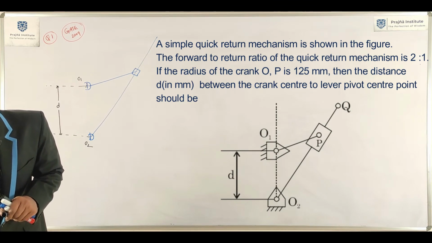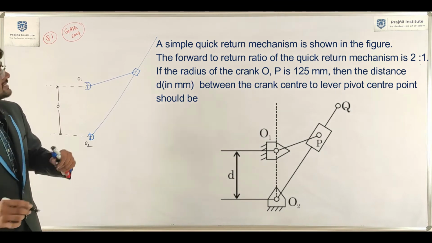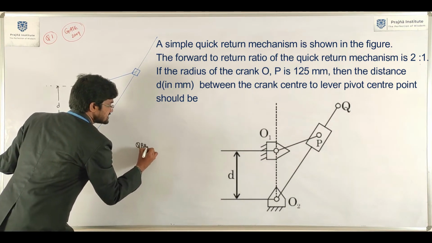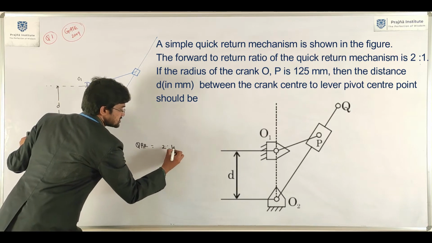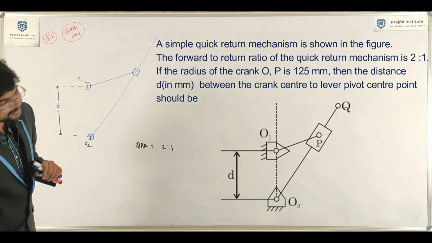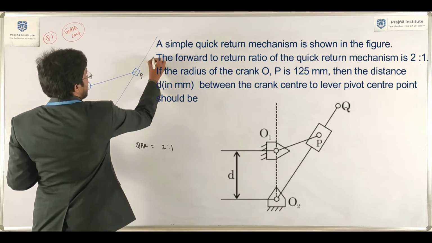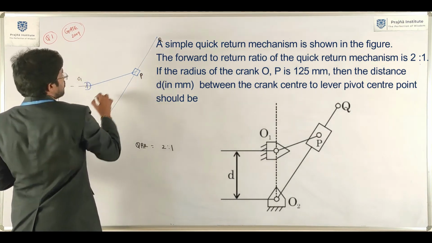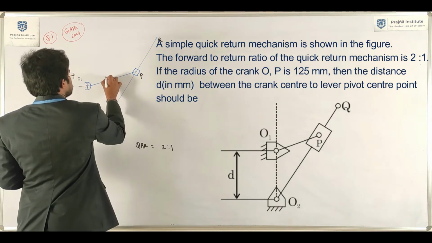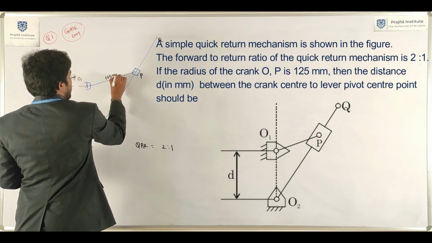The quick return ratio is given as 2:1. After that, O1P, it is P and Q. O1P is given as 125 mm.